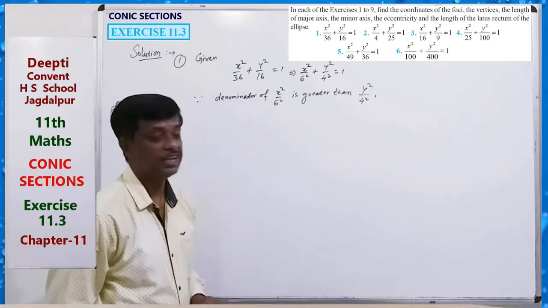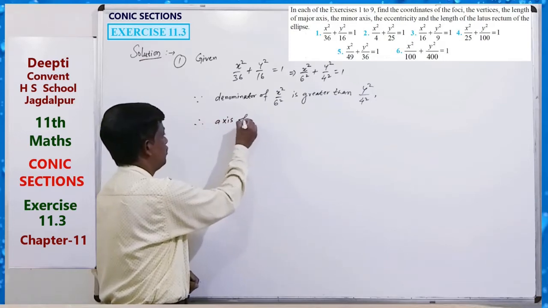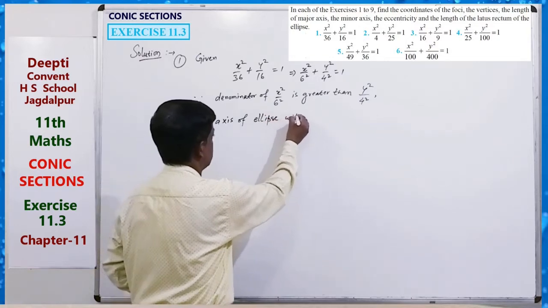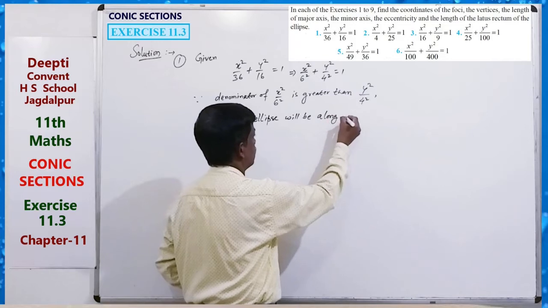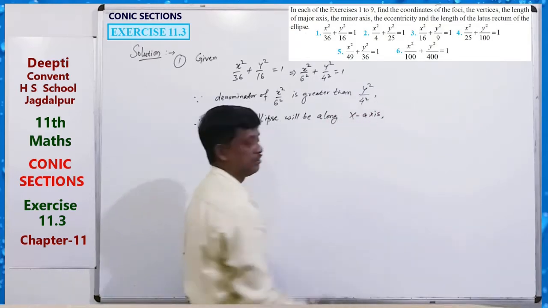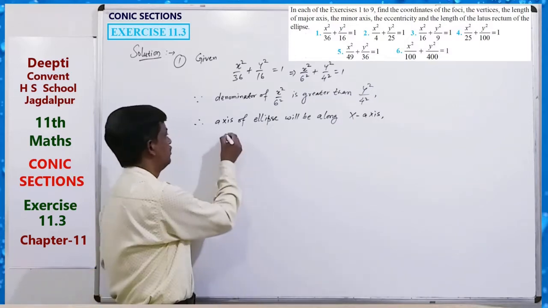That means the axis of the ellipse will be along the x-axis, that is, a horizontal ellipse.